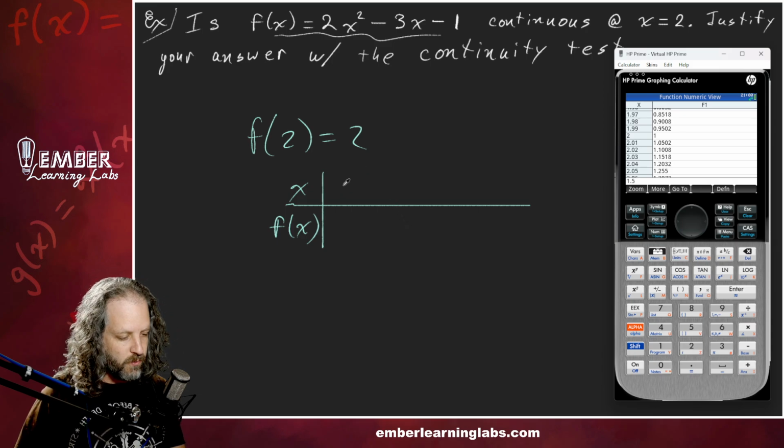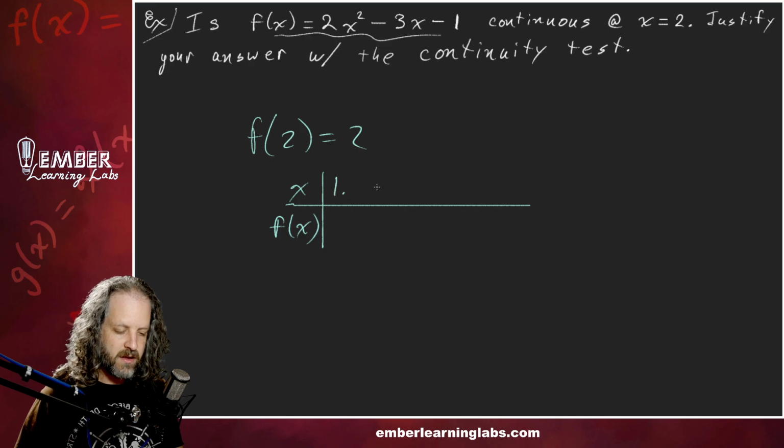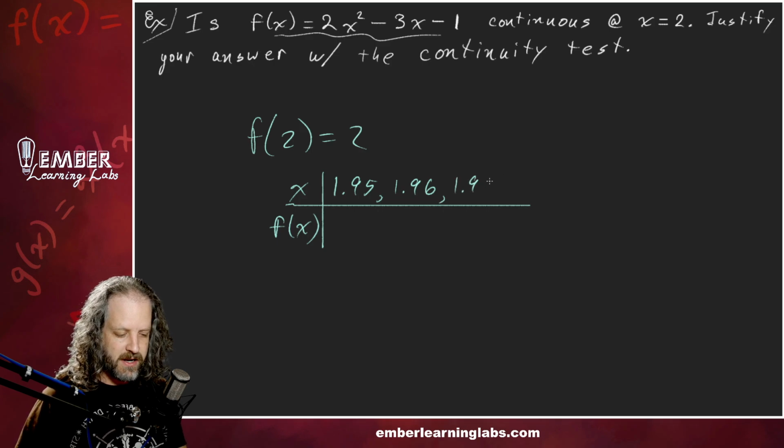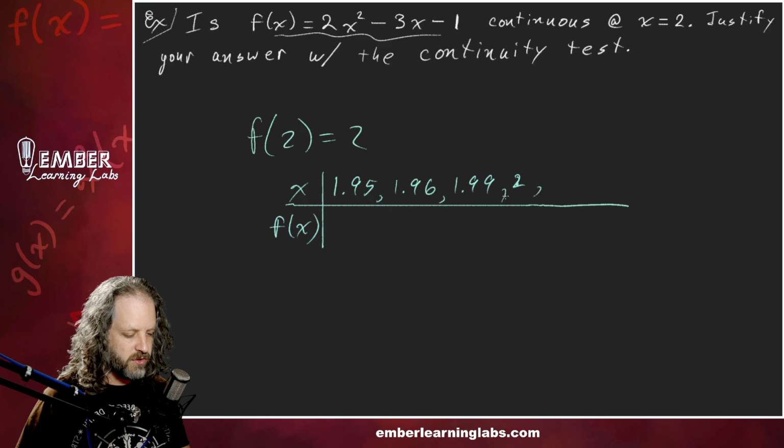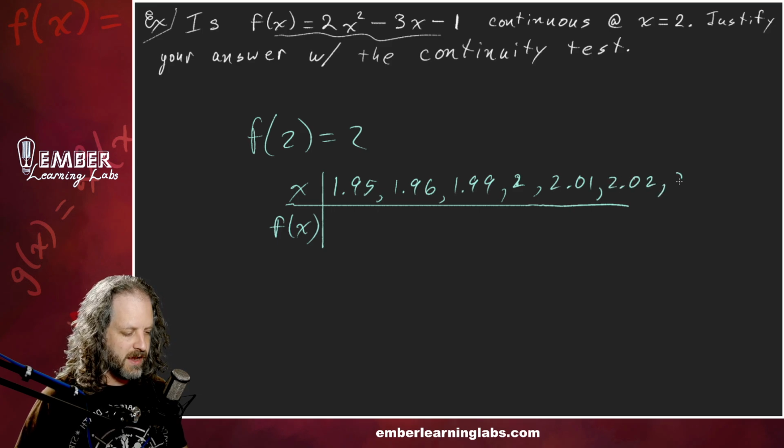So we could put in 1.95, 1.96, 1.99 maybe, 2, and then on the other side we could do 2.01 and 2.02 and 2.03, right?